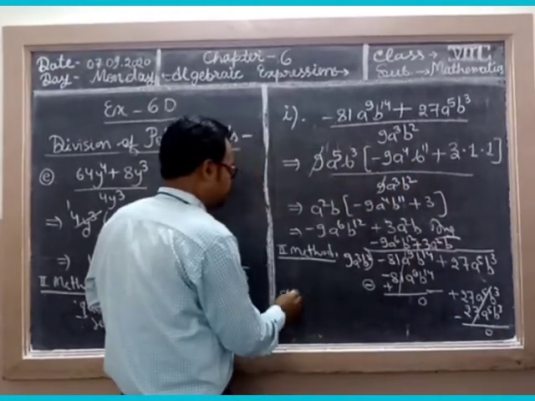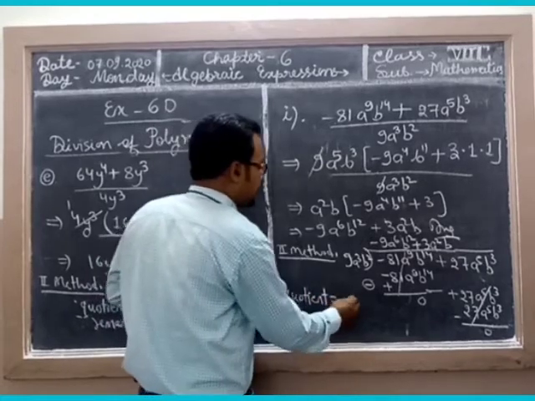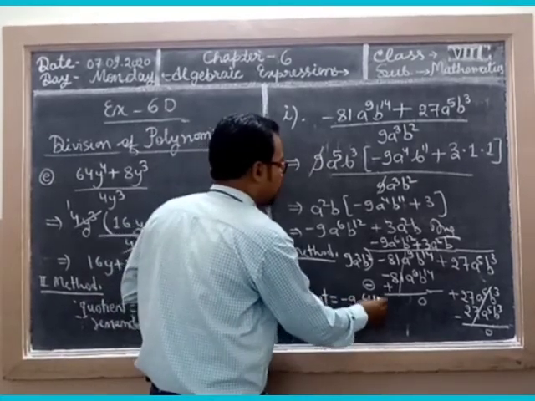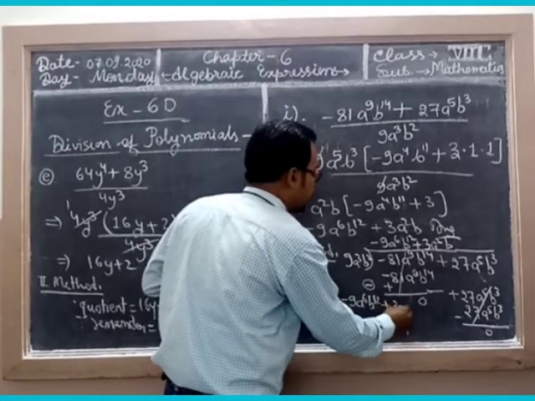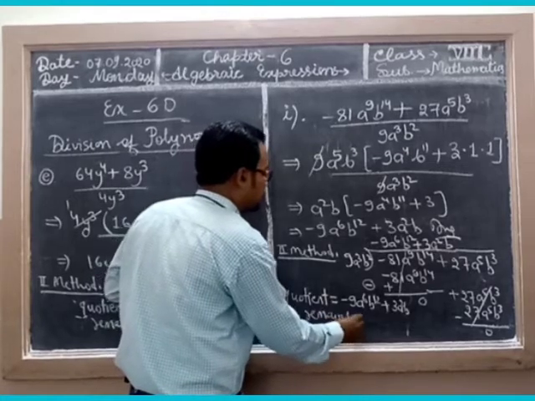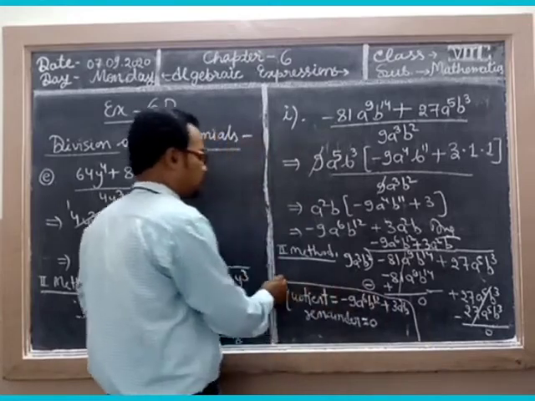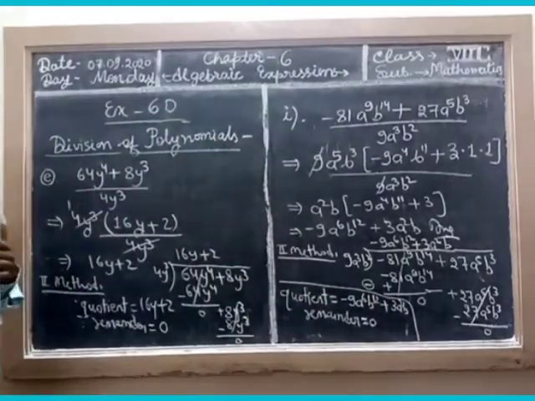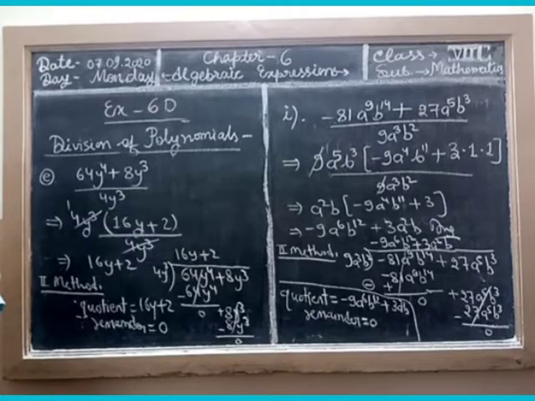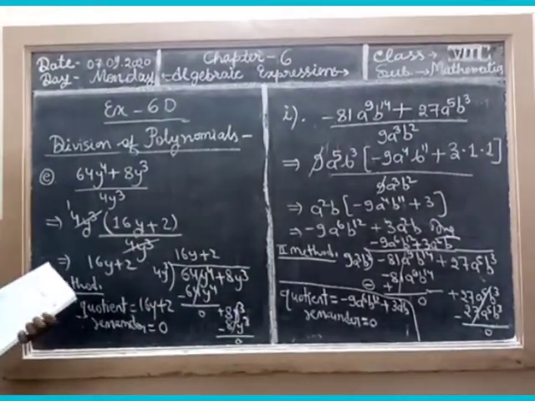So quotient is minus 9 a6 b12 plus 3a square b, and remainder is 0. Clear? So in both the cases answers are the same. Minus 9 a to the power 6 b to the power 12 plus 3 a to the power 2 b. So you will do the given homework by any method which is easier for you.